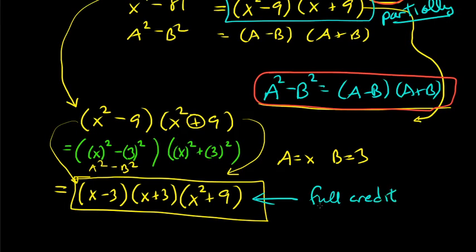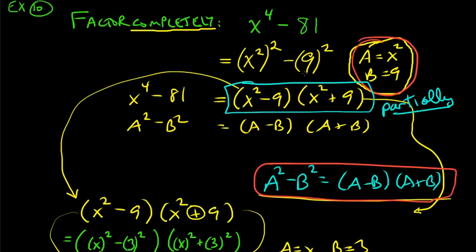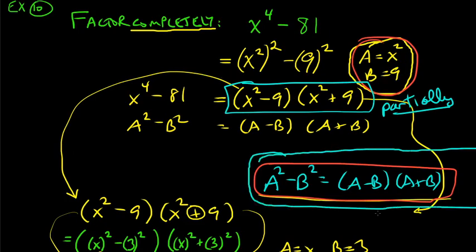Right? So just keep that in mind. Okay, so yeah, this was a little bit of a tricky one because it was factorable twice by using this formula here. Okay, that doesn't happen very often, but it did happen here, so just be aware of that.